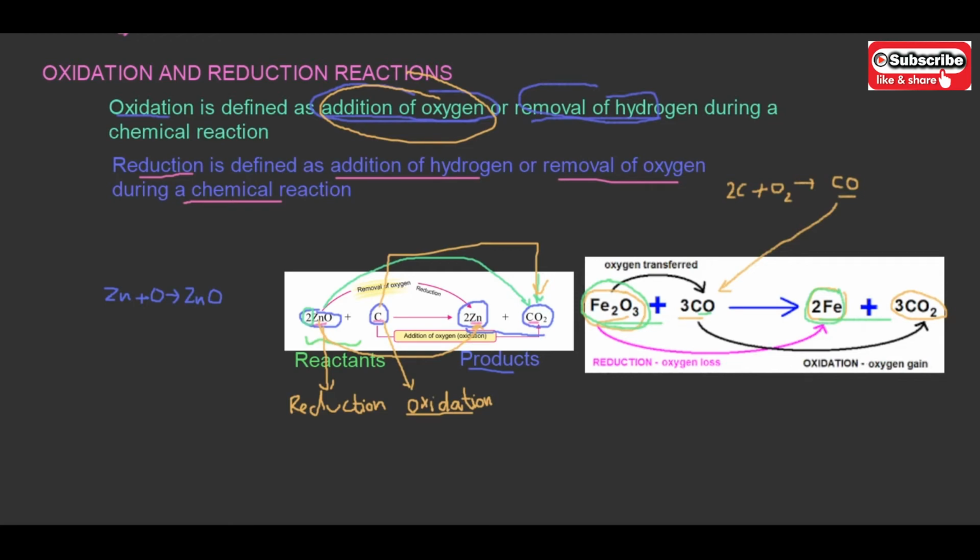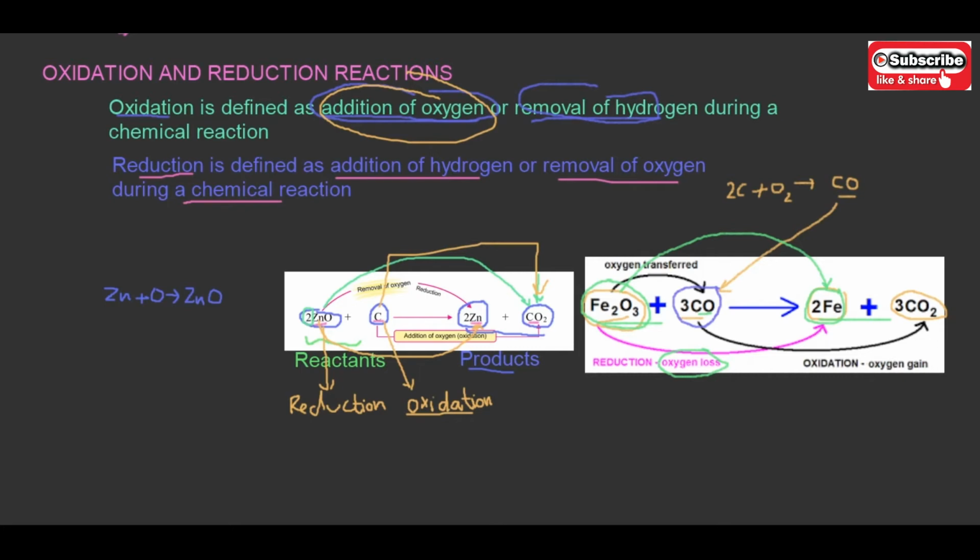Now it is not bonded to any oxygen atom. So what does this mean? It means that oxygen atom is being lost by the iron oxide. After the loss of oxygen atom, it is converted into a free iron atom. While if you look at carbon monoxide, here you can see that the carbon atom is bonded to one oxygen atom.